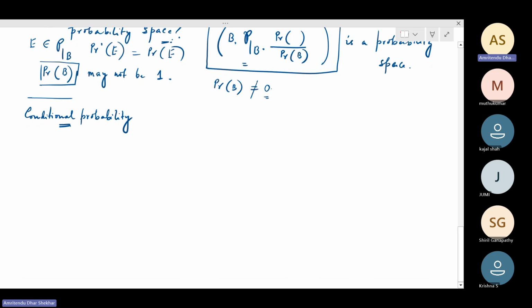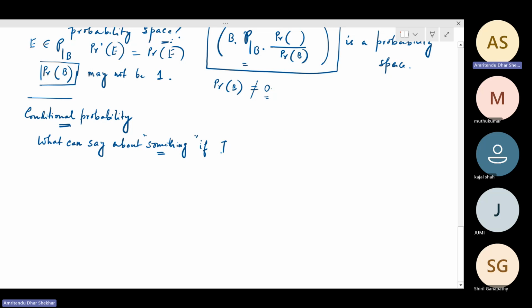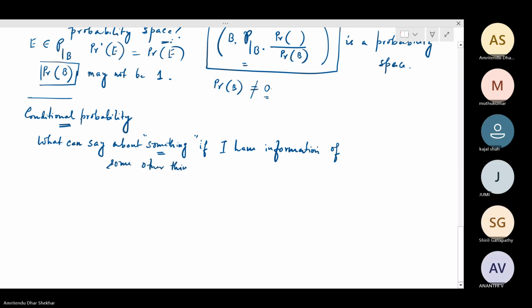So it is asking questions like: what can I say about something, and the something is under quotes, if I have information of some other thing, again under quotes. This is the kind of question that we're asking in conditional probability.